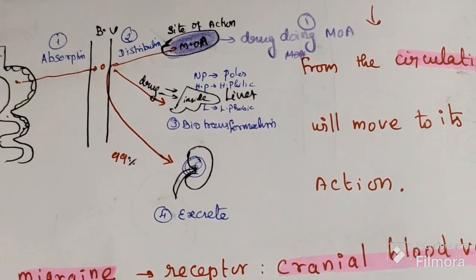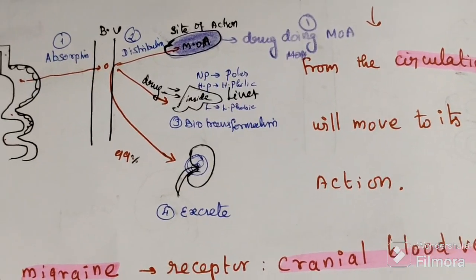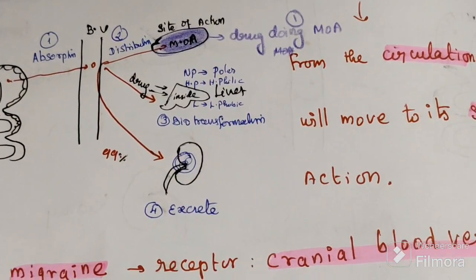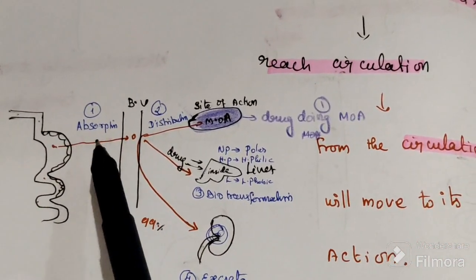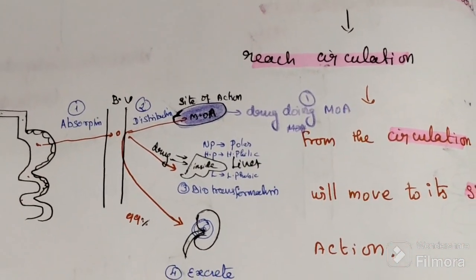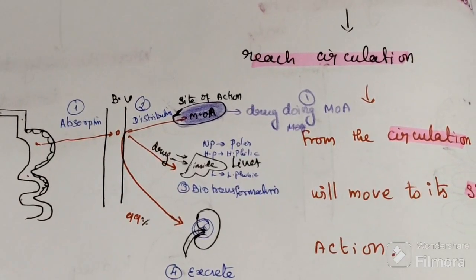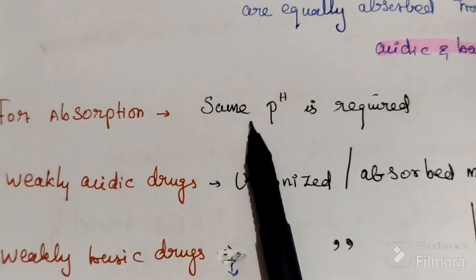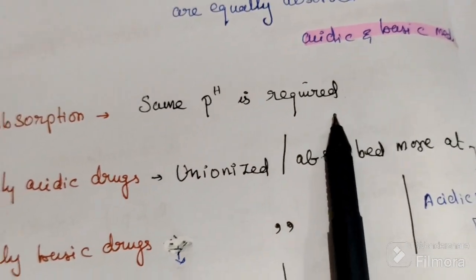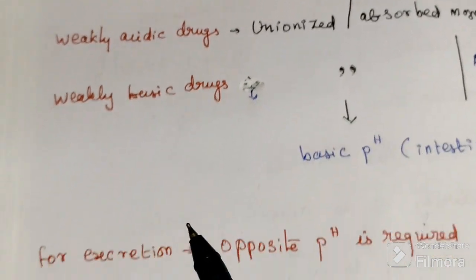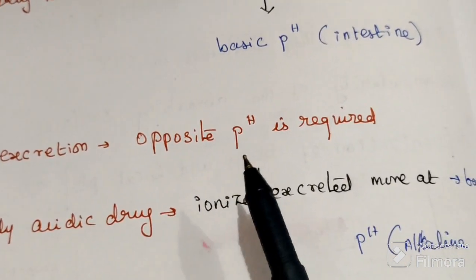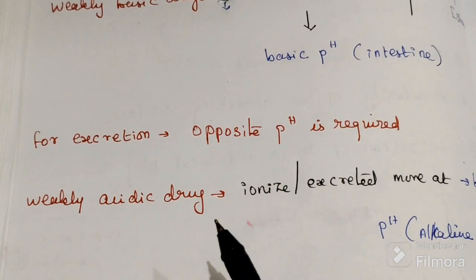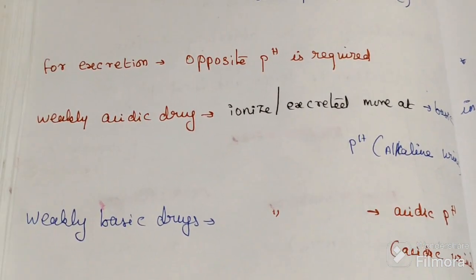So this is the basic rule. Learn the basic rule: for absorption, the same pH is required, and for excretion, the opposite pH is required. This is the golden rule.